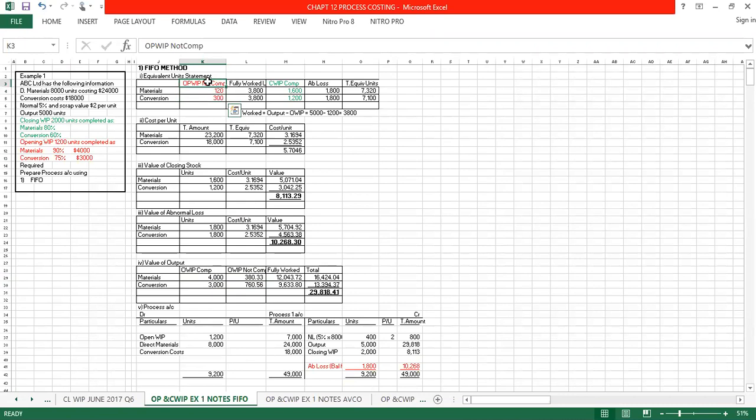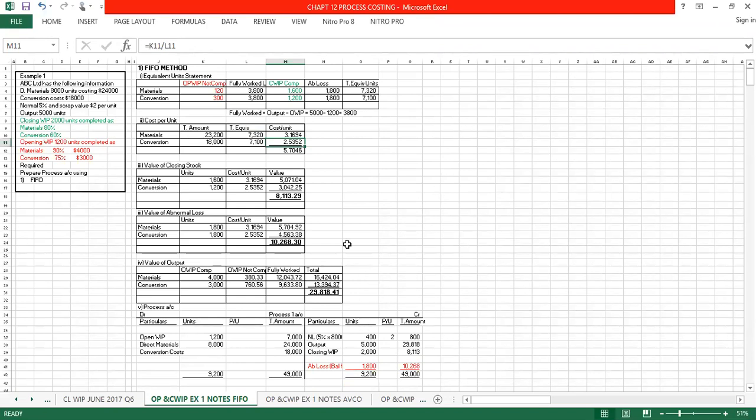But what is there is not the value, it is the units. So you take the units of 120 times the cost per unit. That gives you 380. You take the 300 units, because we are interested in value, not units, 300 times the cost per unit of 2.53.